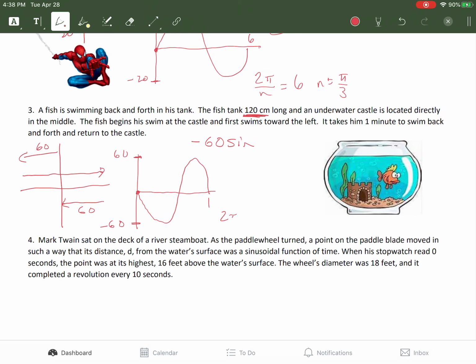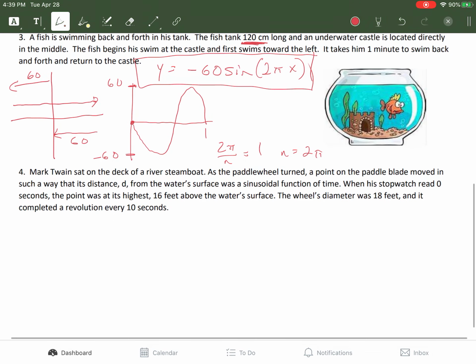So we have 2 pi divided by n is equal to 1 minute. If we divide that, n will equal 2 pi. So we're going to put 2 pi times x. Again, because it's a sine function, there is no vertical shifting. We're going to leave it just the way it is. And there's your equation for the fish.